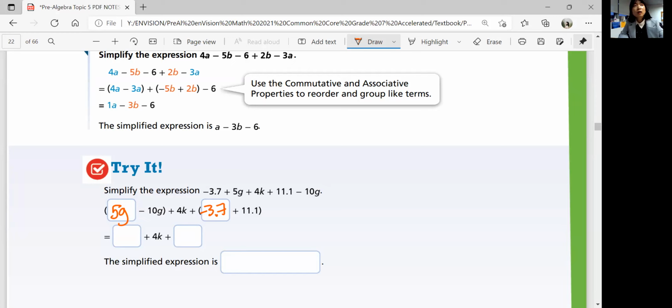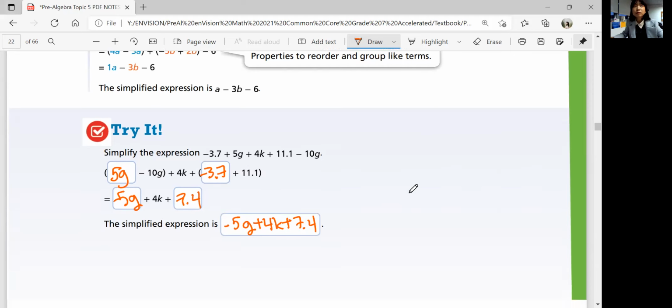Okay, add the coefficients together. 5 minus 10 is -5G. Do not forget your variable. 4K is 4K. -3.7 plus 11.1 is 7.4. So the simplified expression is -5G plus 4K plus 7.4. Okay, and that's it. You cannot get more simple.